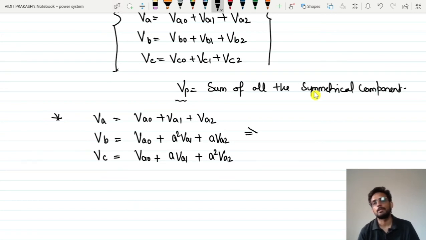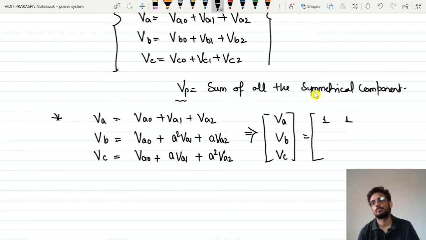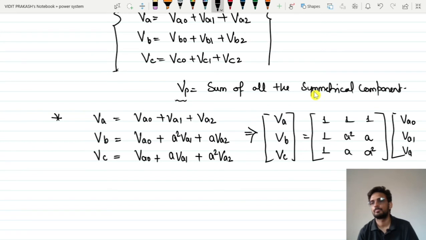Now we can write this in the form of a matrix, that is VA, VB, VC can be written as like this.